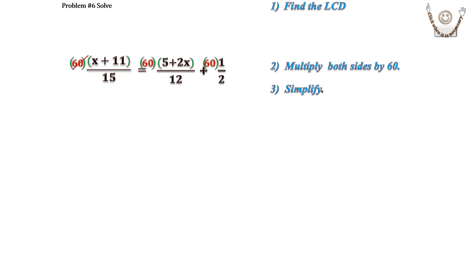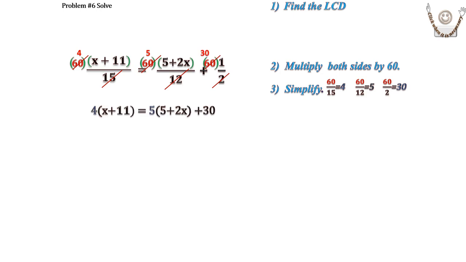And whenever you have a numerator with more than one term, use parentheses. So next, let's simplify. 60 over 15 is 4, 60 over 12 is 5, and 60 over 2 is just 30.